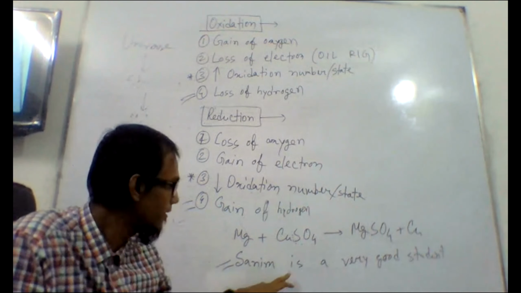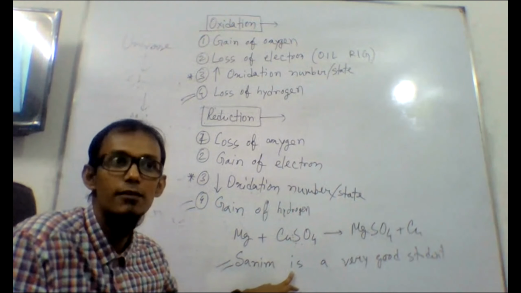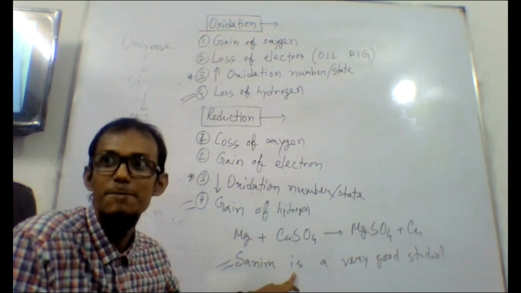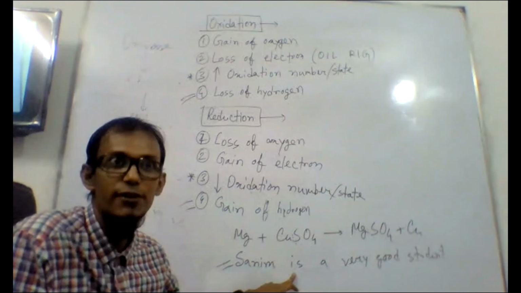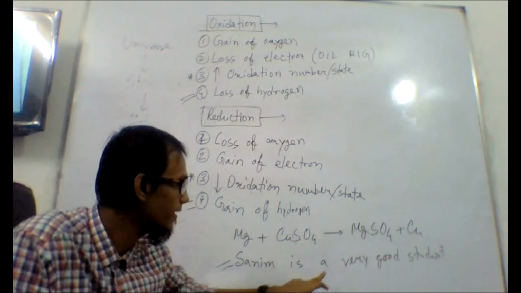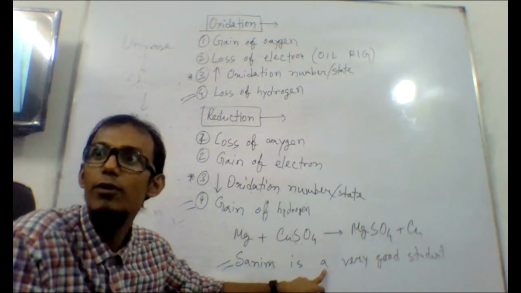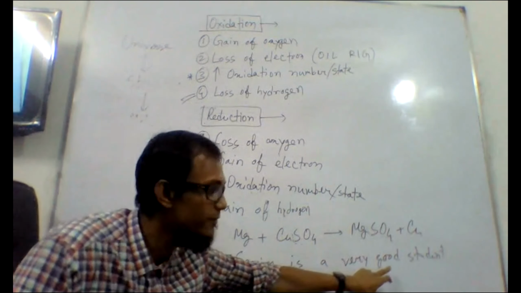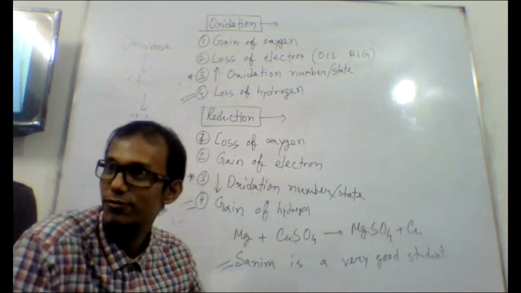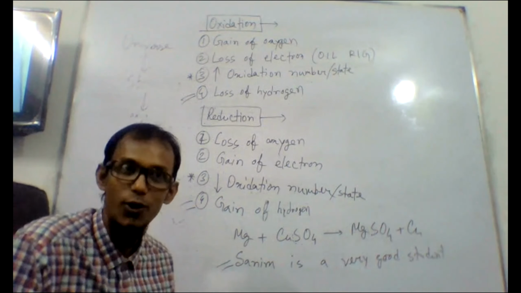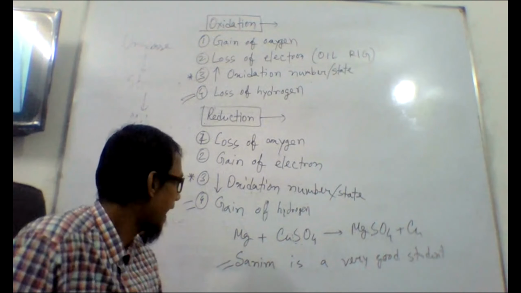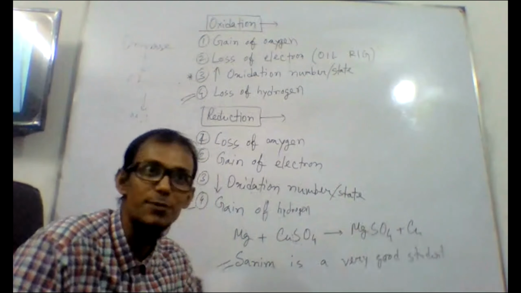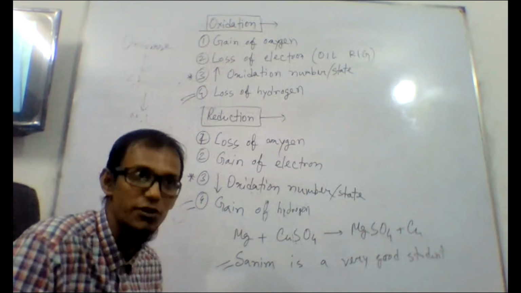Is, it's a helping, auxiliary verb. A, article. Very, adverb. Good, adjective. And the last one, noun. Fine? And you can say this is the subject, and the rest of the thing is the predicate. We have an auxiliary verb.